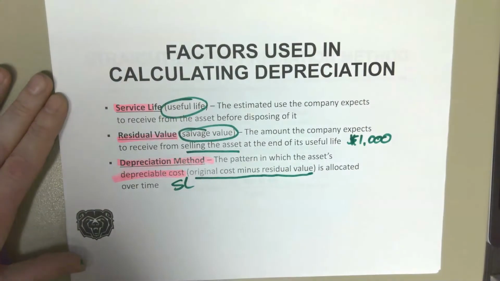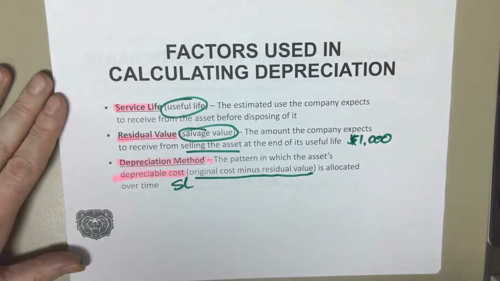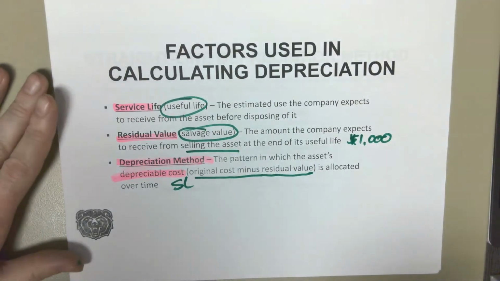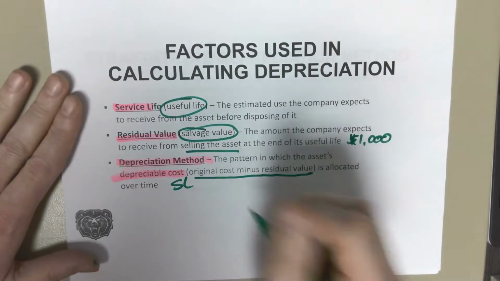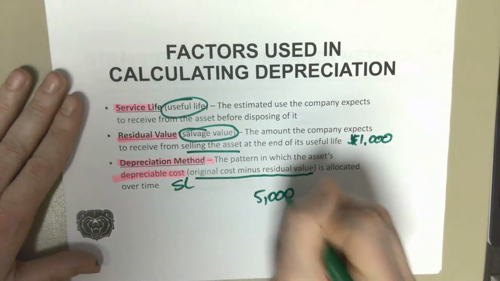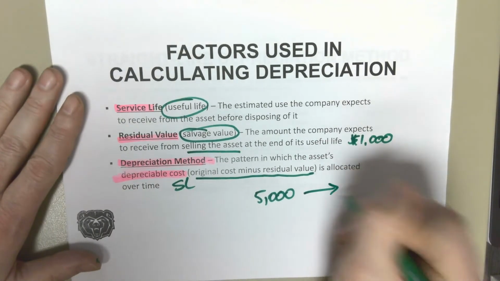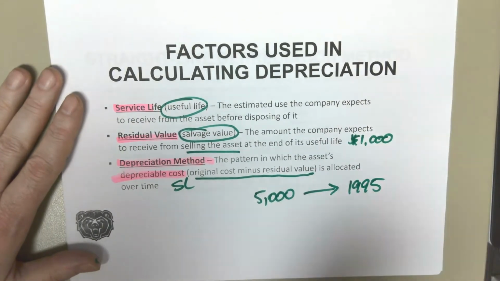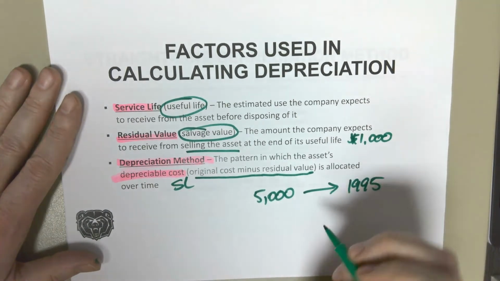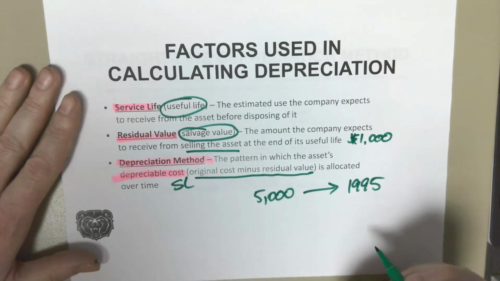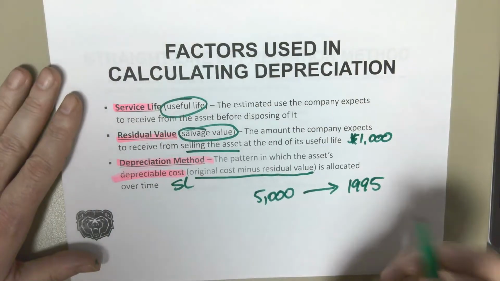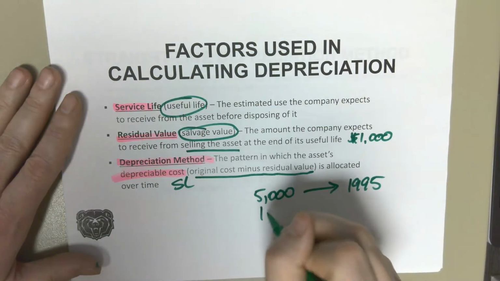So in the example of those white Ford Rangers from O'Reilly's, let's say they paid $5,000 for them. This was in 1995 when they bought them. And they say, I think we can get $1,000 for them in 2005 when we sell it.